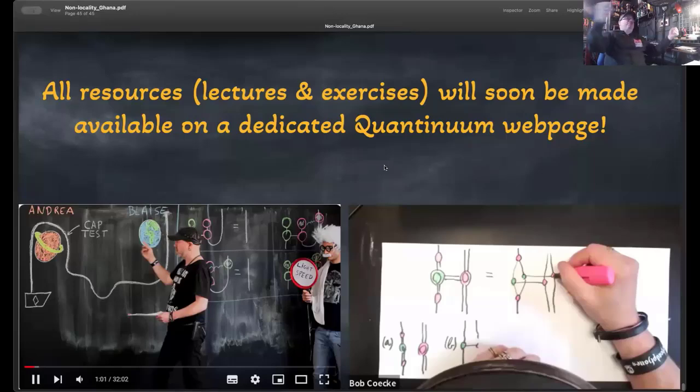And at the same time, you can't use it to signal information, but you can study your correlations to see whether they are generally quantum correlations. And this, like I was just explaining before, can be used to verify whether these are still genuine quantum correlations and not something you can classically produce.